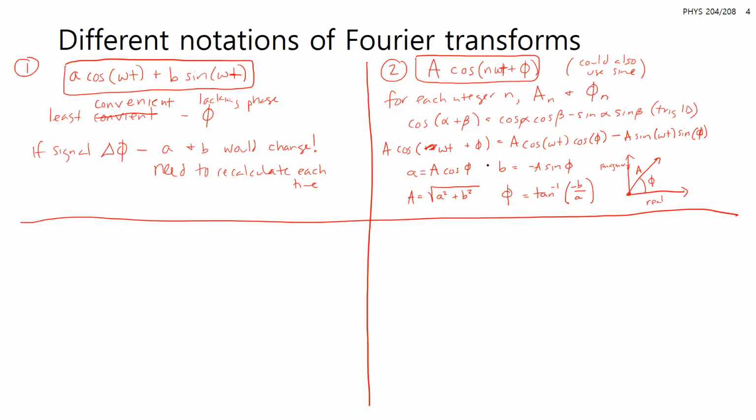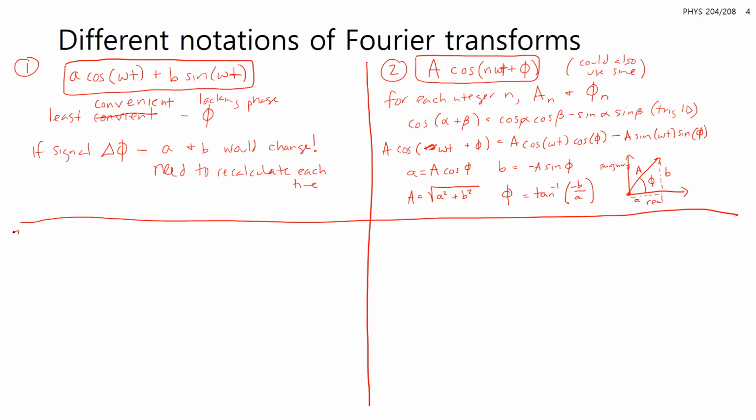Then if we think about this relationship, we can say the projection on the real axis is going to be lowercase a, and the projection on the y-axis, the imaginary axis, is lowercase b. So this is another way to visualize the relationship between lowercase a, lowercase b, capital A, and our angle. So that's the second notation.